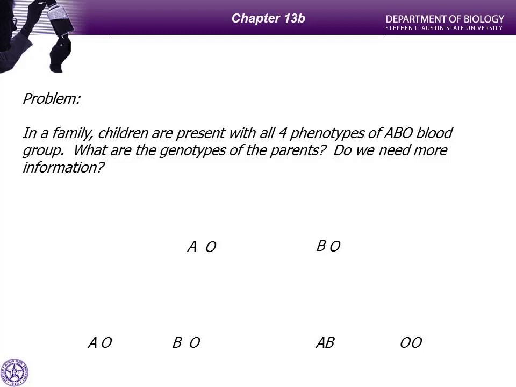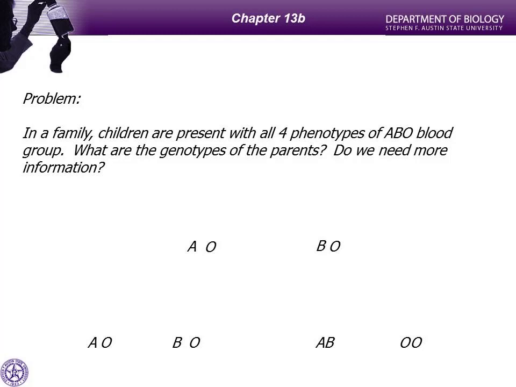Is that possible for one set of parents, or do we need to book Jerry Springer? And so let's kind of work backwards from what we know about the phenotype of the children. Now, we know the phenotype of our AB child is the same as the genotype, right? So AB, that's genotype and phenotype.